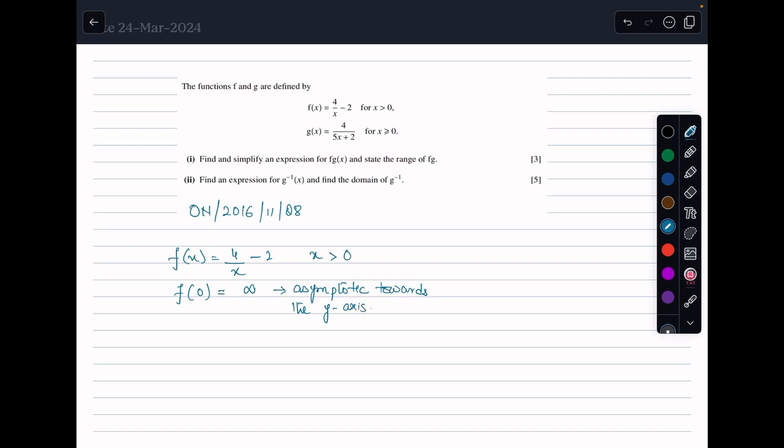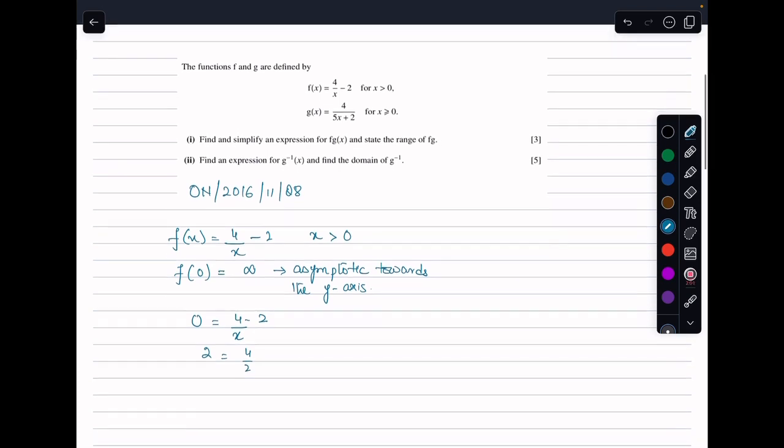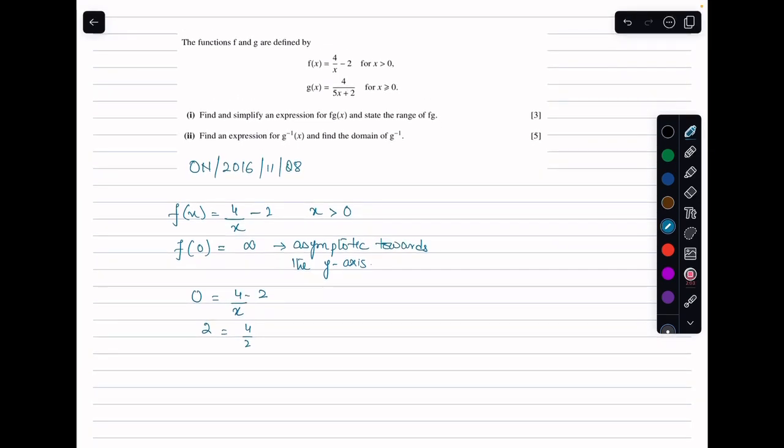In the same manner, if I want my y to be 0, meaning towards the x-axis, I will be left with 2 equals 4 by x. Here I can see that my x should be equal to 2.